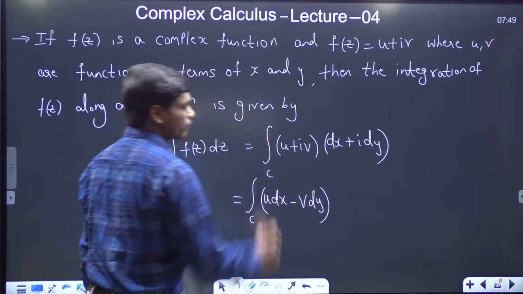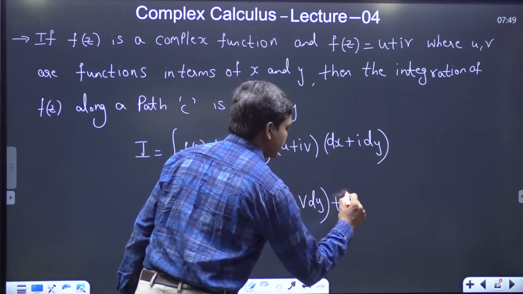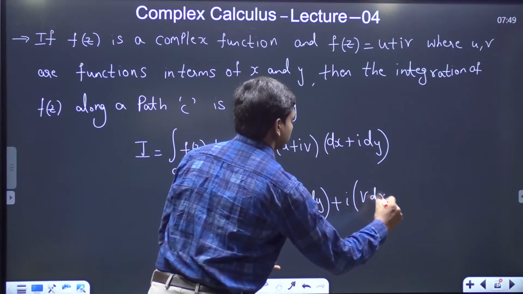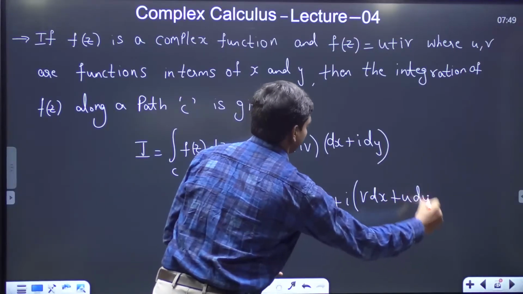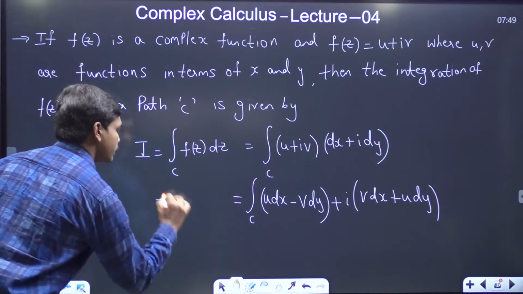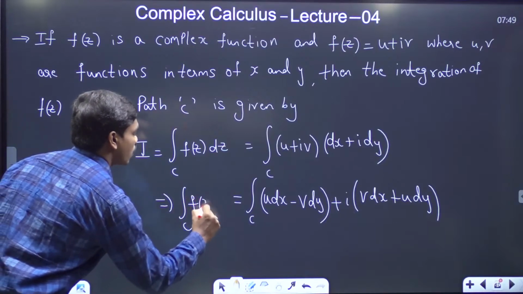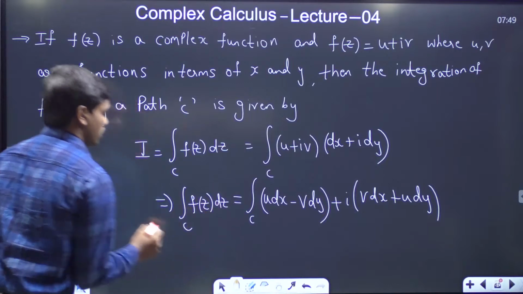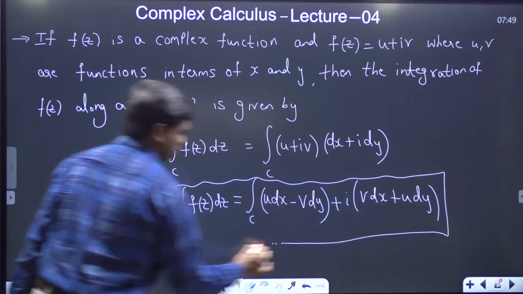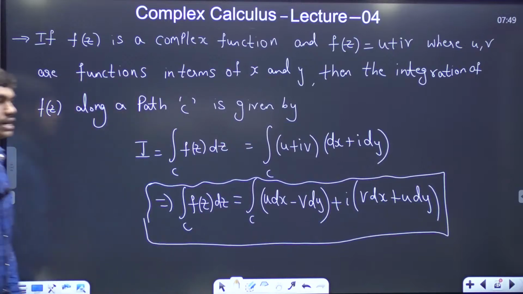This is the real part of the integration, plus i into v dx plus u dy. This is what we have seen in last class. So if you want to evaluate any integration of a complex function along any path C, for which f of z is of the form u plus iv and z is equal to x plus iy, this is how you will be integrating the things.